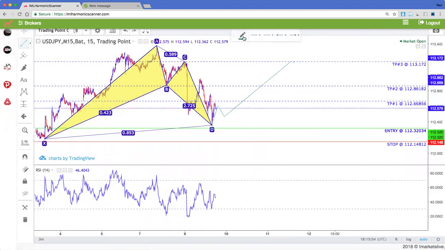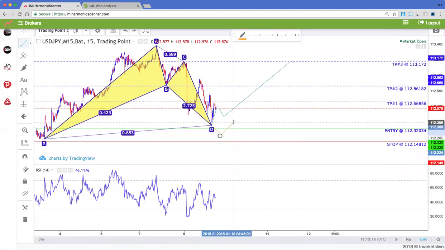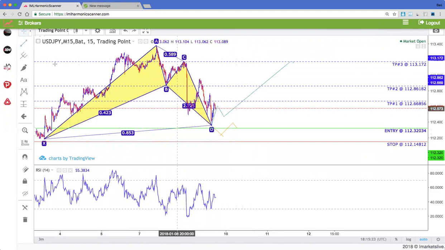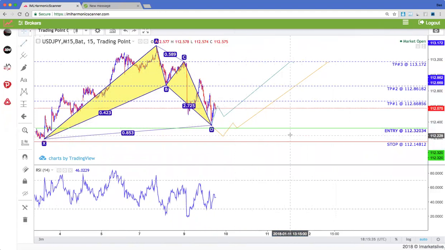The second option, and I will use another color, is that the pattern goes a little bit down to the stop loss level, then goes up again to the entry level, mostly a little bit more, then goes down again. And hey, that's the sound of some new trades at the web analyzer. I don't know if you heard it, but it gives a nice ka-ching. It's very funny.